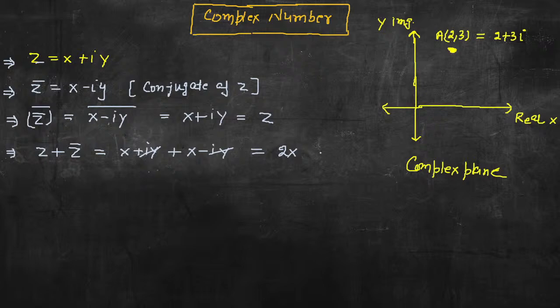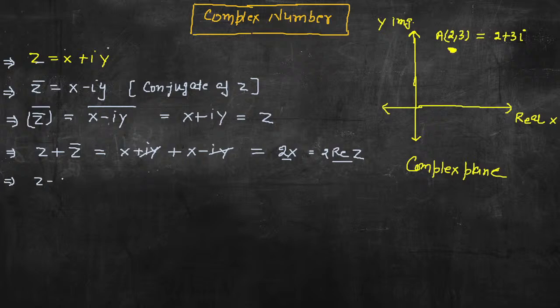It is twice the real part of z. You should always remember this. x is the real part and y is the imaginary part. So 2x means 2 times the real part of z. If you got 2y, you would say 2 times the imaginary part of z. So 2x is also known as 2 times the real part of z.